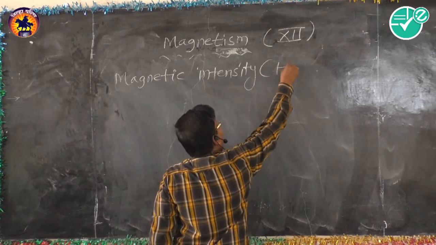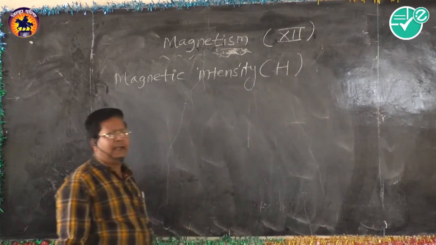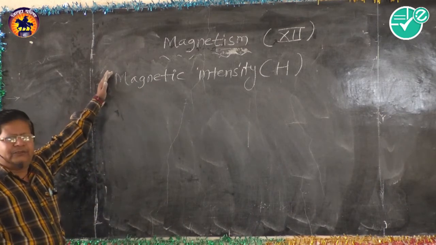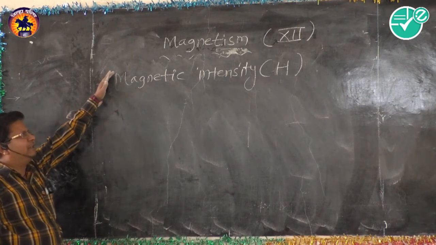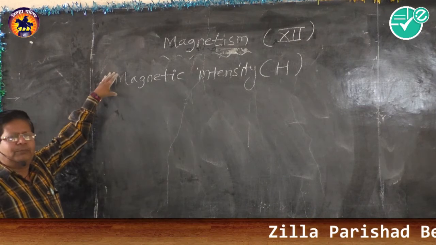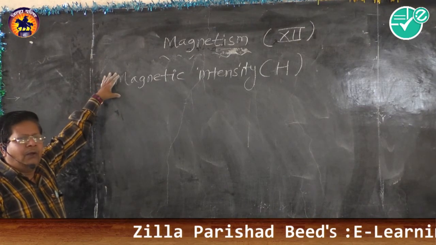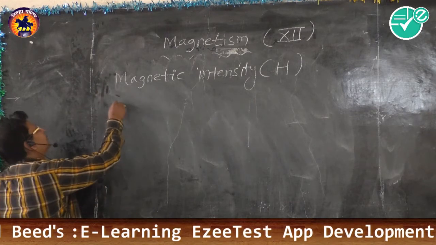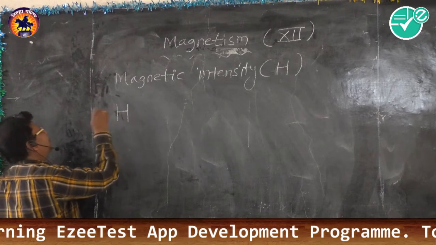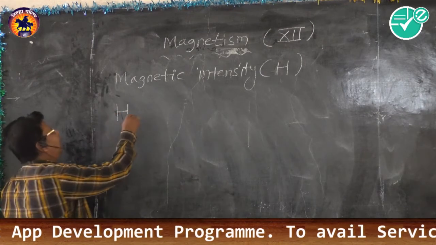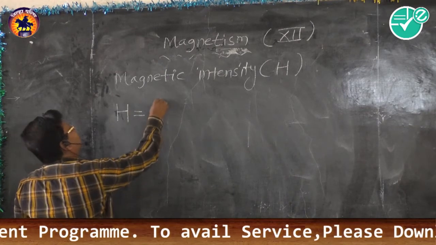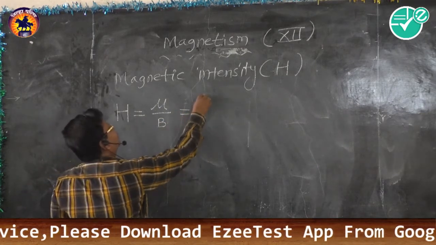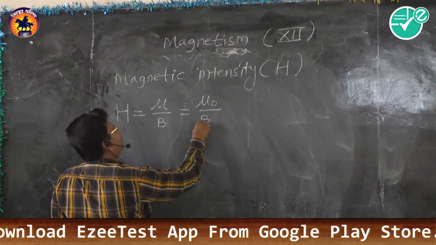It is also a vector quantity and denoted by letter H. So magnetic intensity is nothing but the strength of the magnetic field, which is a vector quantity, and this magnetic intensity H is given by the formula H is equal to B by mu, or this is equal to B0 upon mu 0.